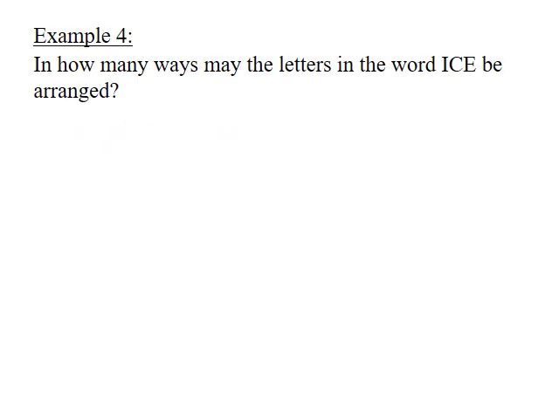It says, in how many ways may the letters in the word ICE be arranged? Okay, well, let's write out these possibilities. ICE is not a long word. We can proceed and write some possibilities. So ICE would be 1. Well, let's keep the first letter and switch the second 2. Maybe we will start with E instead.